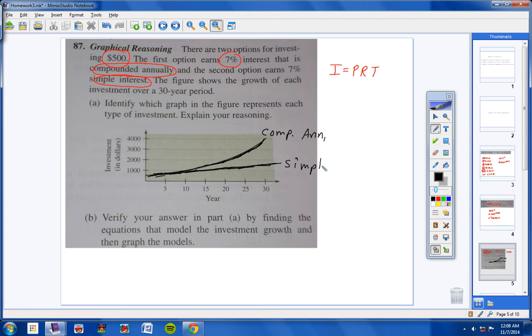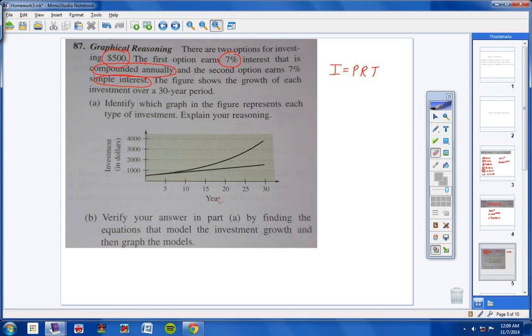Now, I'm not quite sure why they say this. They ask you in part B to verify your answer by finding the equations that model the investment growth and then graph the models. We're not going to do that. They've already graphed it for you right here, so there's no need to do that again. I'm kind of confused why they would ask you to do that.